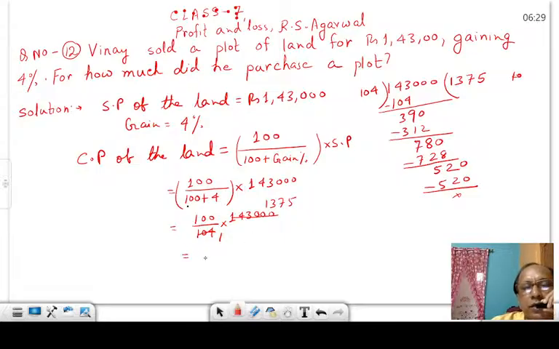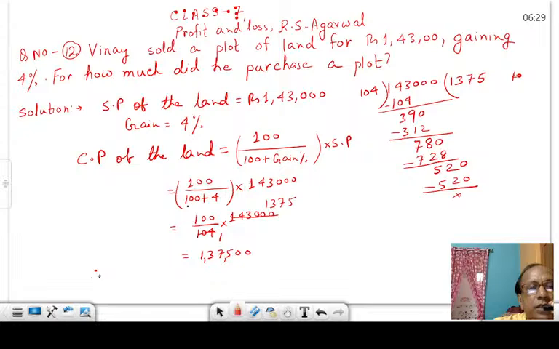Therefore, we are getting the number 1,37,500, right? So I can write for how much did he purchase a plot.